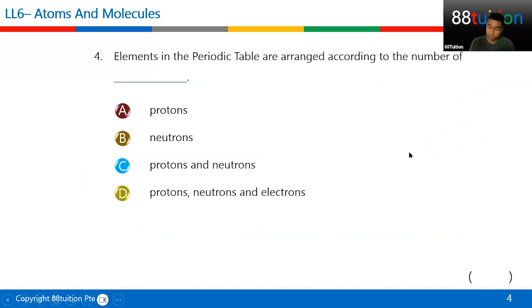Are they arranged according to the number of what? What is unique about each element? All of them have a unique number of neutrons, protons, electrons. What gives them the identity?